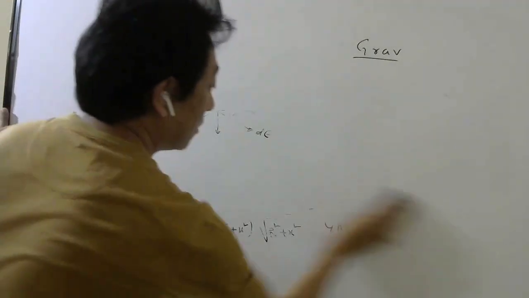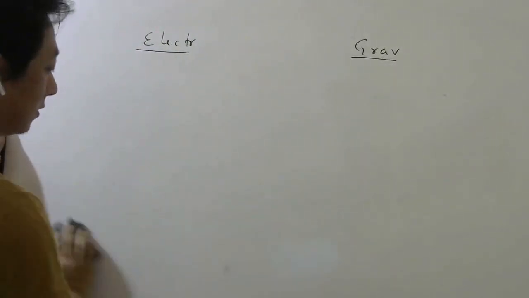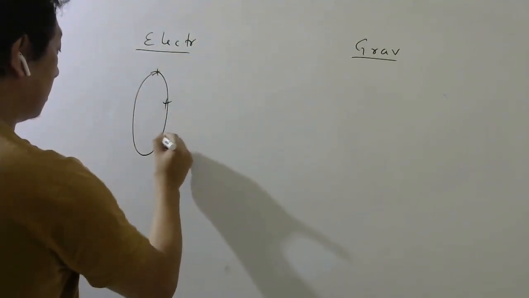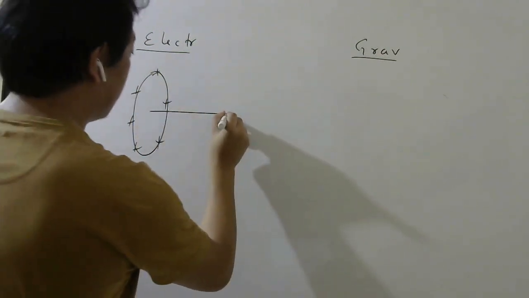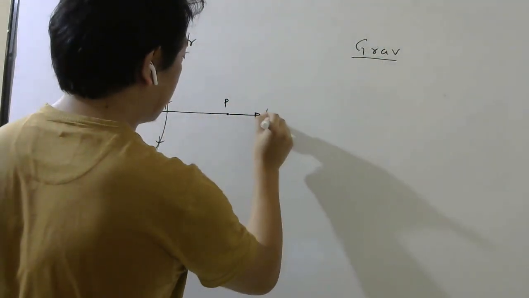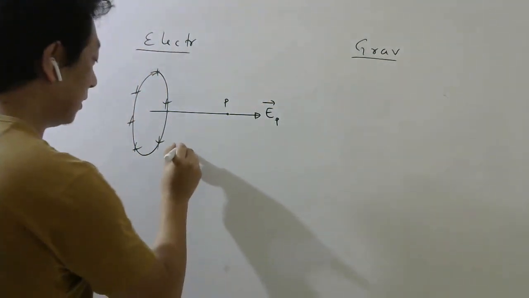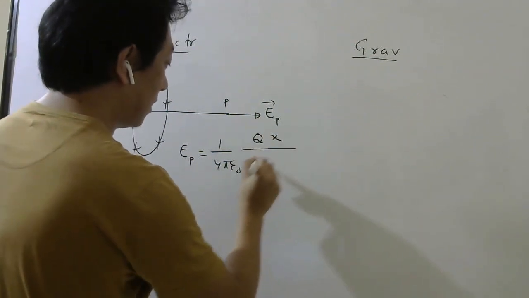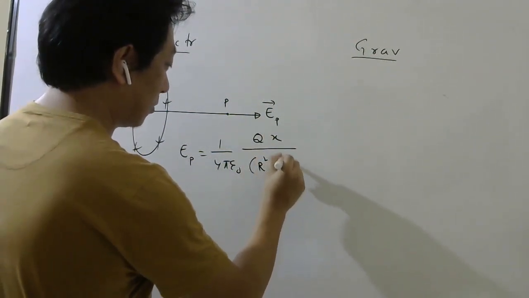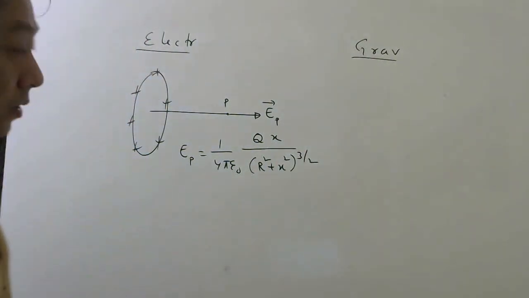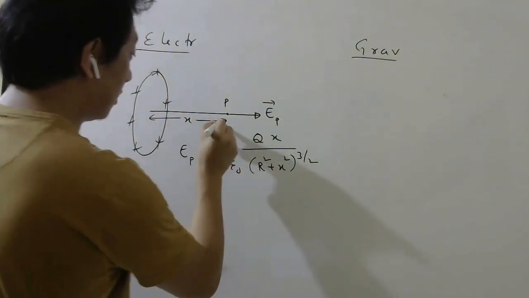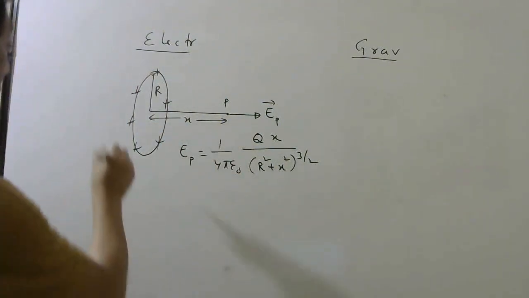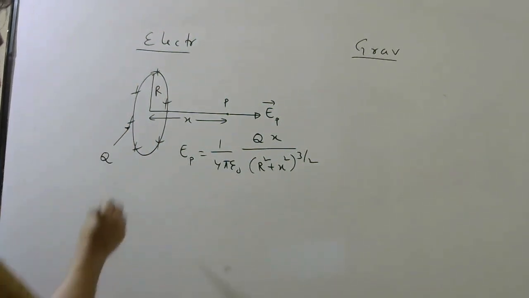So what we have derived is, if you have a ring of charge, the electric field at this point is in this direction and the magnitude is 1 by 4 pi epsilon naught, Qx by R square plus x square power 3 by 2. x is the distance from the center and capital R is the radius of the ring. Capital Q is the total charge of the ring. So this is a ring of charge.